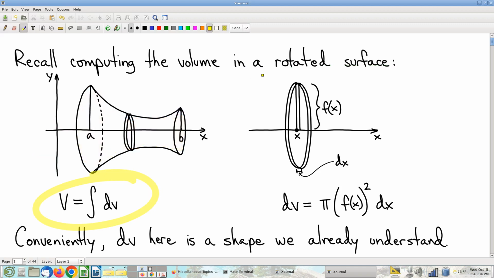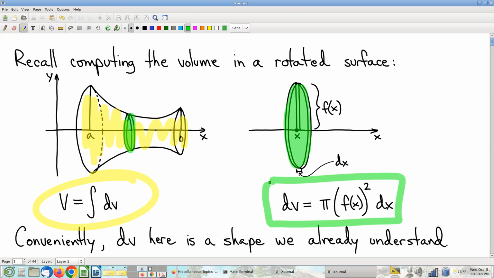The little pieces of volume that you slice it up into would be kind of like that, which are little sort of coin-shaped things like so that you can compute the volumes of, right? And the big trick for how you're going to compute this volume is that it's area times thickness.